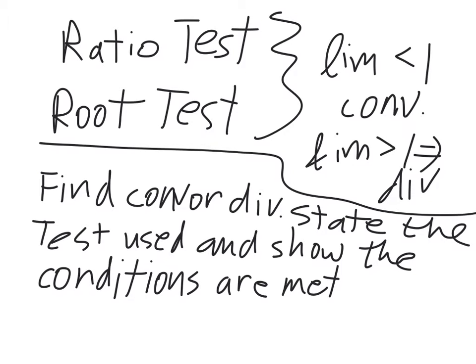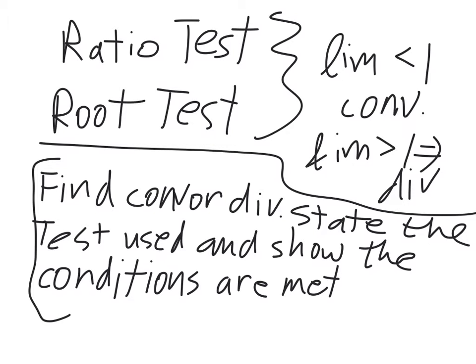So what you need to work on, probably the biggest part of this, is recognizing what test you can use, and more importantly, what's the easiest test you can use? Because some series you might be able to use 4 or 5 different tests on. We want to find the easiest one, if at all possible.